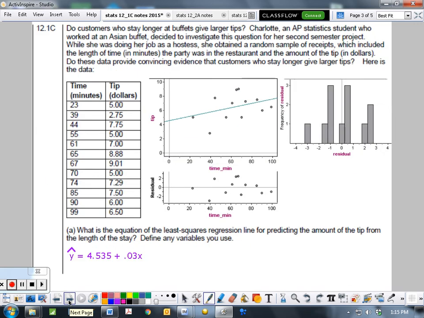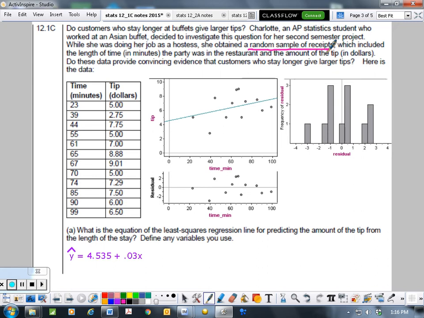Our situation is: do customers who stay longer at buffets give larger tips? Charlotte's an AP Stat student who works at an Asian buffet, and she decided to investigate this question for her second semester project. While she was doing her job as a hostess, she obtained a random sample of receipts, which included the length of time in minutes the party was at the restaurant and the amount of tip in dollars.